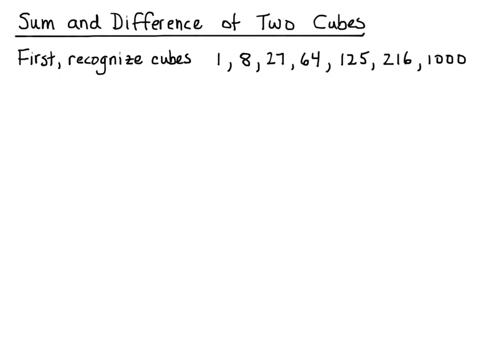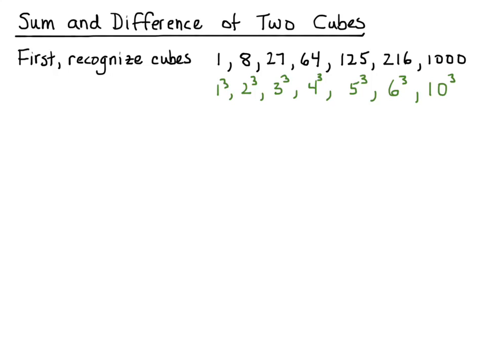So one of the things I encourage you to do is just get familiar with these numbers because they're perfect cubes. 1 is 1 cubed, 8 is 2 cubed, 27 is 3 cubed, 64 is 4 cubed, 125 is 5 cubed, 6 cubed is 216. Don't worry so much about 7, 8, and 9.